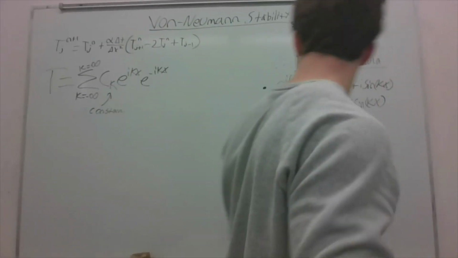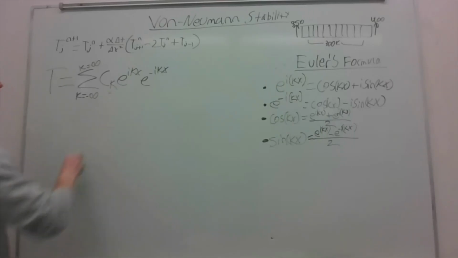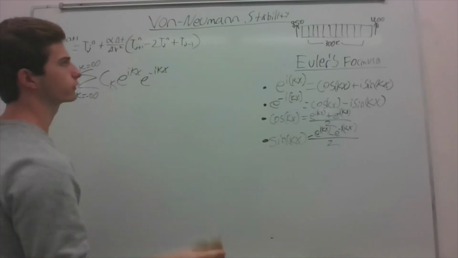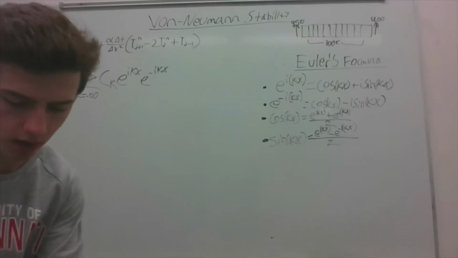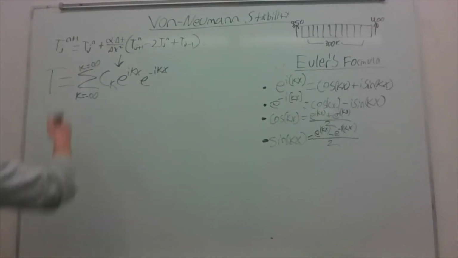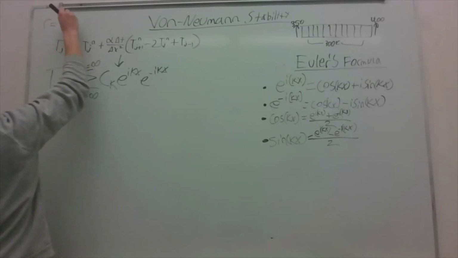Oh, I've got an eraser right here. Let's make some room and make some edits here. We can keep the Euler's formula stuff for now, even though that is review. Let's keep going with what we've got. So let's remind ourselves that R is equal to the following.